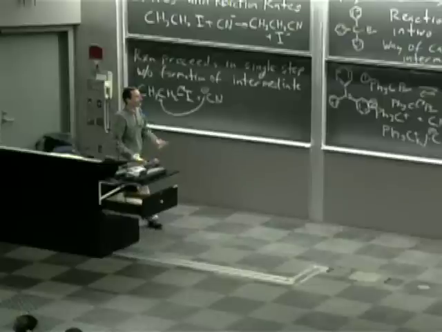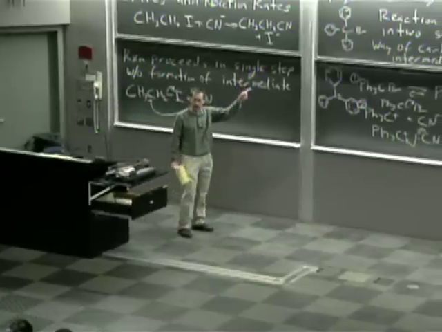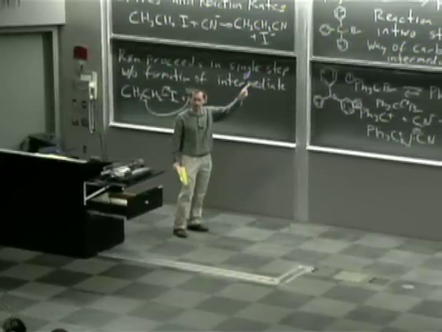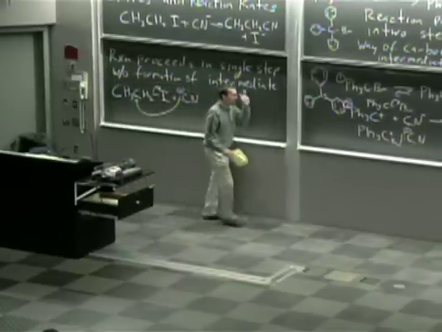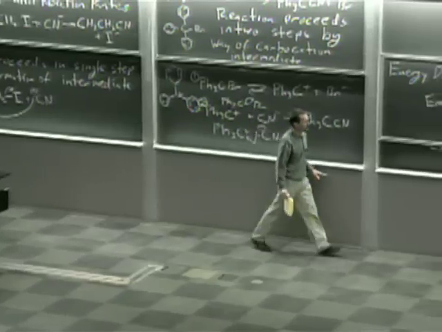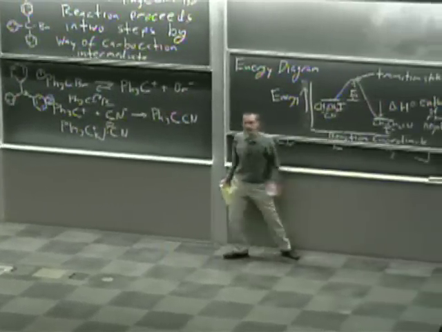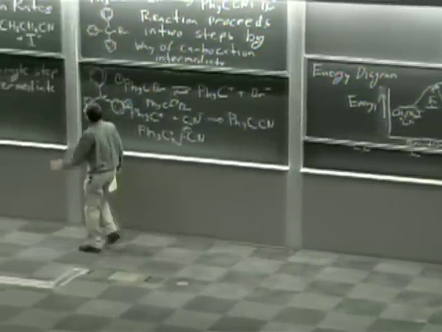Now, let's take a look by comparison at the reaction of bromotriphenylmethane and cyanide. And so I'm going to draw an energy diagram for that reaction on the left-hand blackboard.